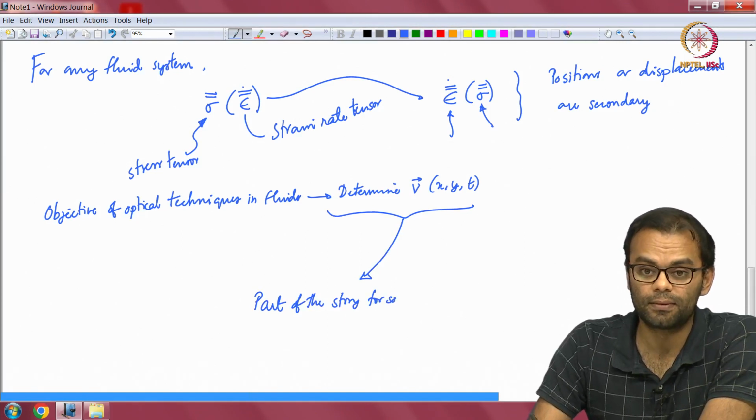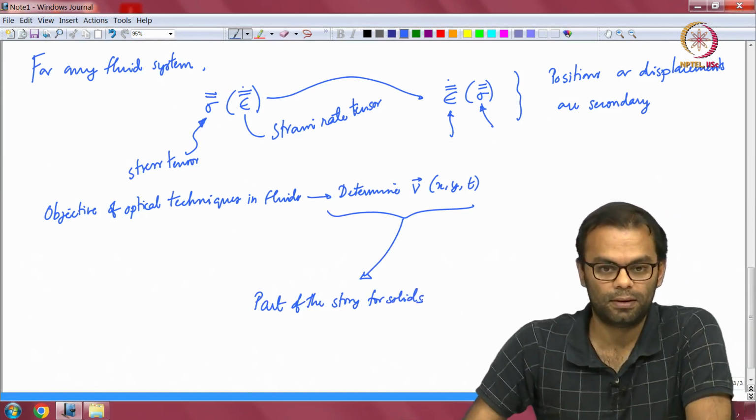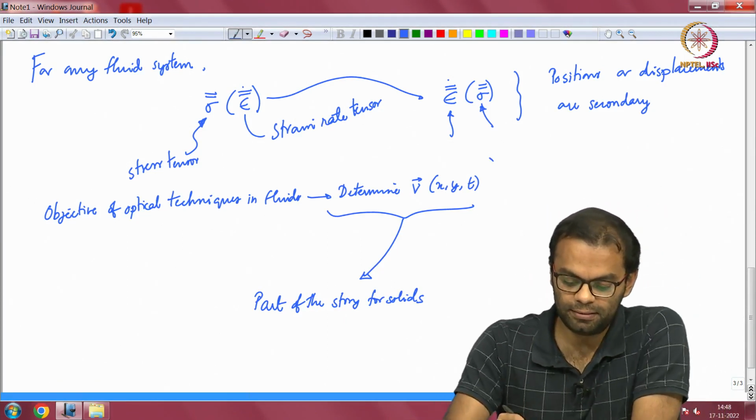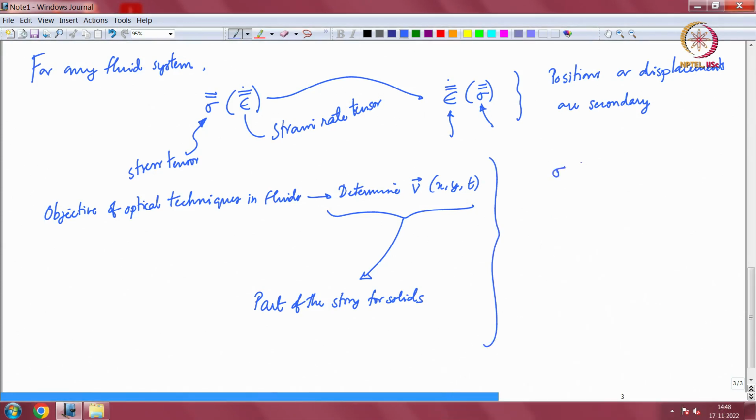for solids. Okay. The reason being, in a solid the stress tensor is usually a function of the strain tensor, not the strain rate tensor.